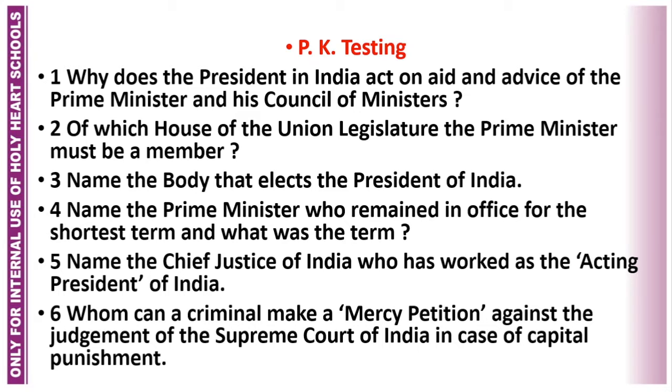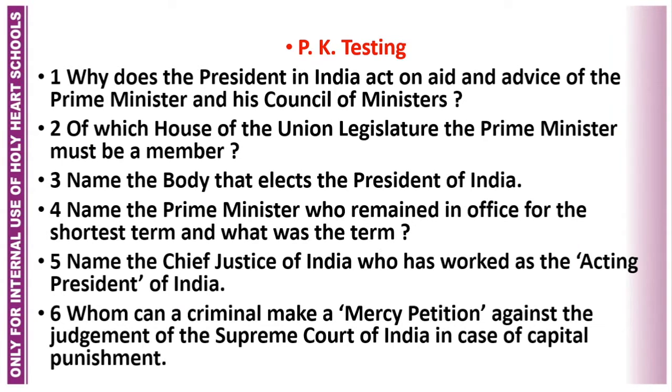The next question is, name the body that elects the President of India. The body is called the Electoral College, and it has many members. All the elected MLAs and MPs are the members of the Electoral College. The next question is, name the Prime Minister who remained in office for the shortest term, and what was the term?